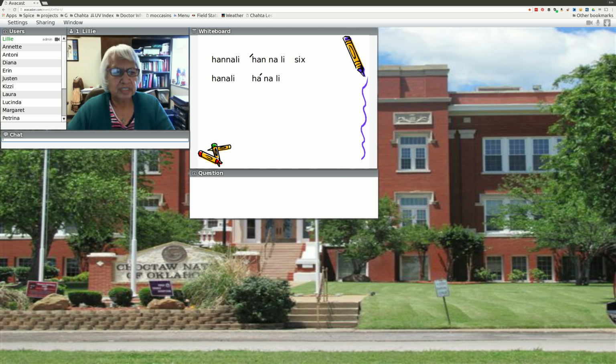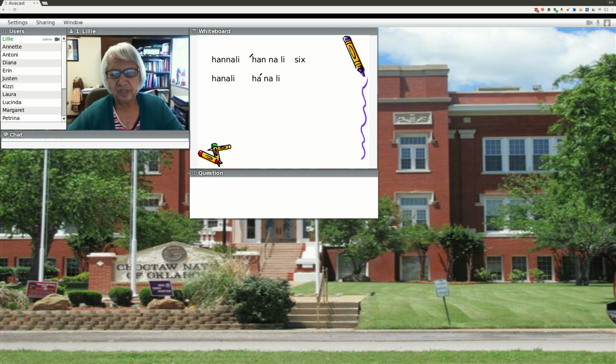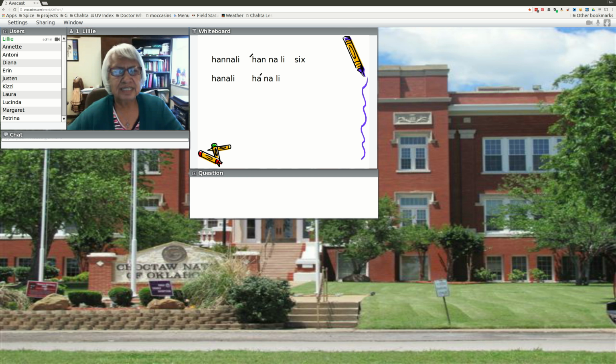Syllables are going to carry different stresses. I know in English we know them as accents, and you'll hear me calling them accents. The first syllable will have the stress in the word hanali, and in the other word, the second syllable will carry the stress.